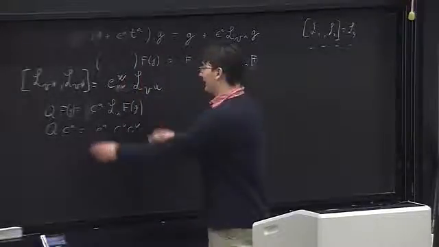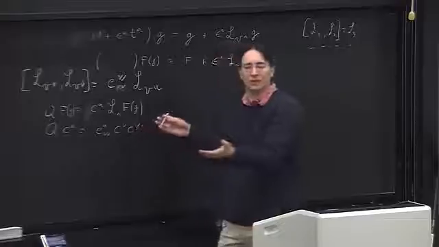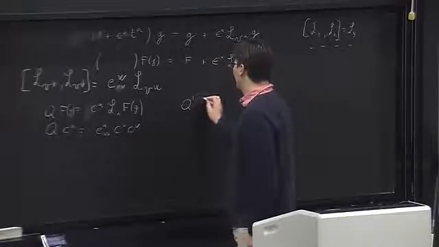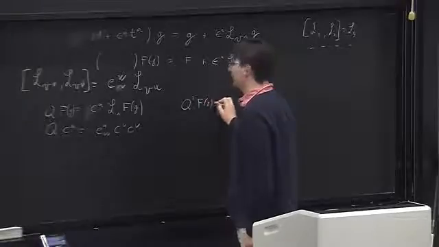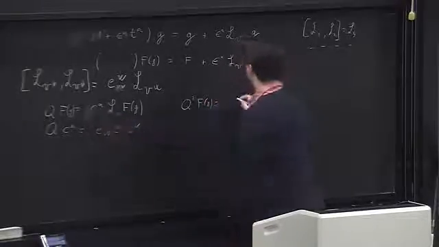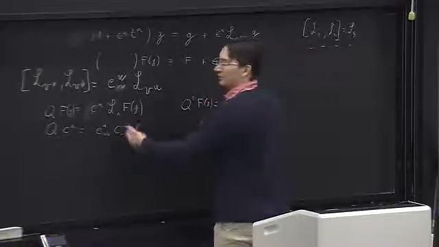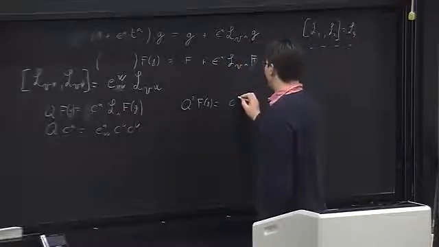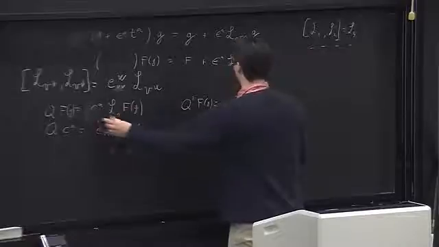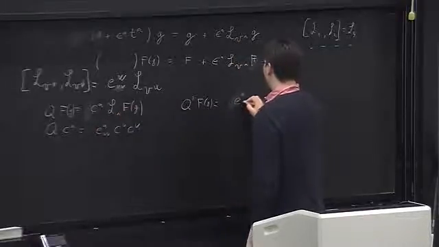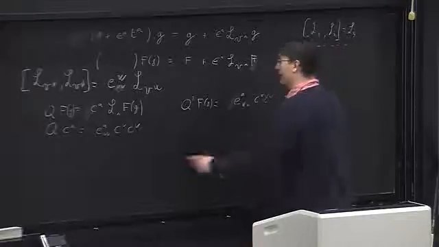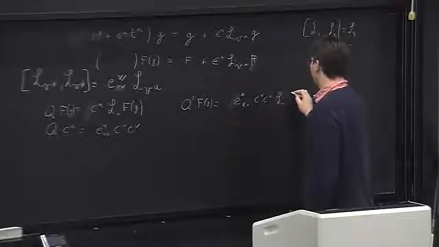Now you can ask, does this square to 0? Now there could be a problem, right? So I can start by computing Q squared of f_i. I get this, and then I act with Q on it. And, well, this is nice. If I act on c, I get f^a_{uv} c^u c^v, and then the Lie derivative with respect to a.